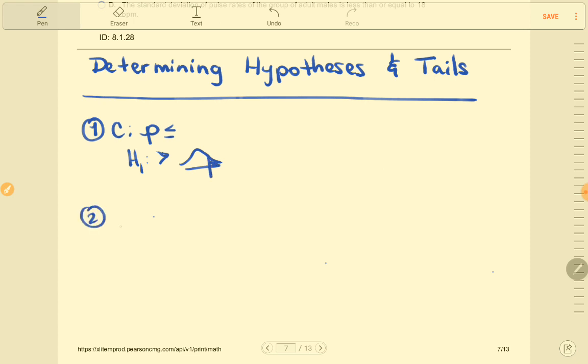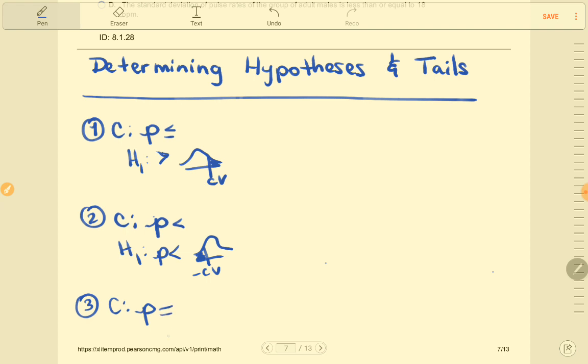And then I did one where our claim was the strictly less than, which meant that our alternative was the claim, and it was a left-tailed test that time. So this one would have had a positive critical value, this one has a negative critical value. Then I gave us the claim that there's equality, and so the alternative was not equal, and so that gave us a two-tailed test.